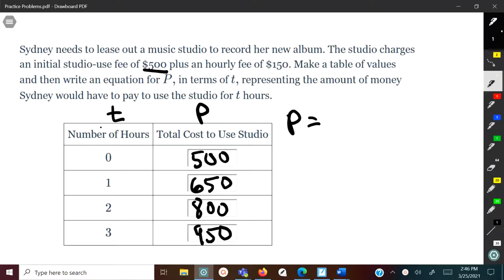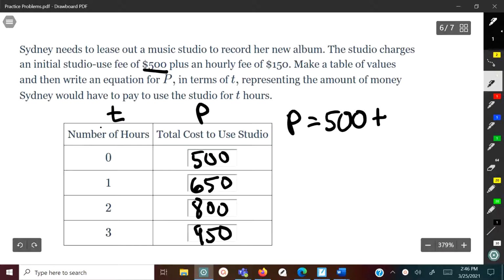Well, it would be equal to the $500 plus $150 times the number of hours we're going to have. And that's it. So what you want to do is fill out the table and then write the function just like that.